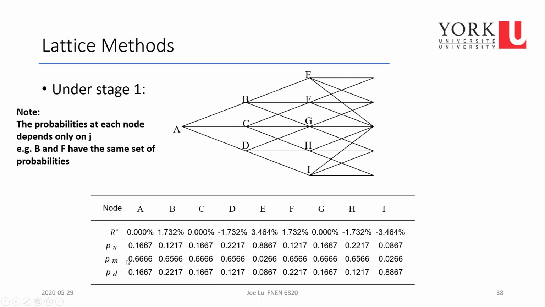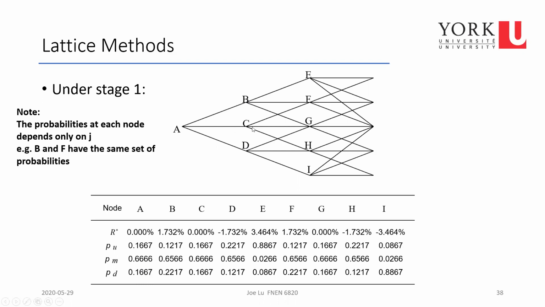So if you take the formula, U will be 16.67%, M unchanged will be 66.66%, and D is actually symmetrical. So in this case, will be 16.67% as well.